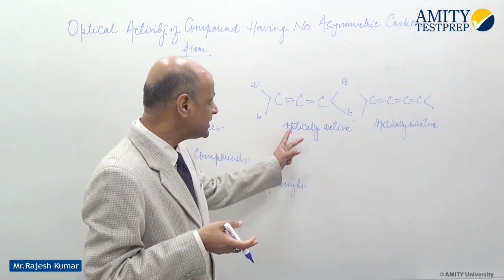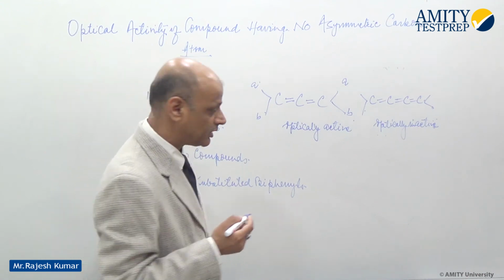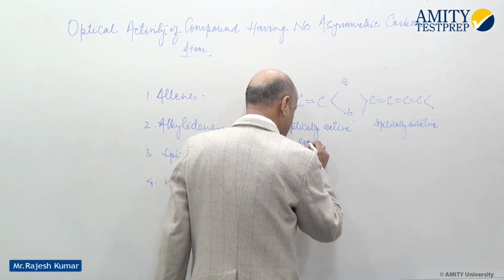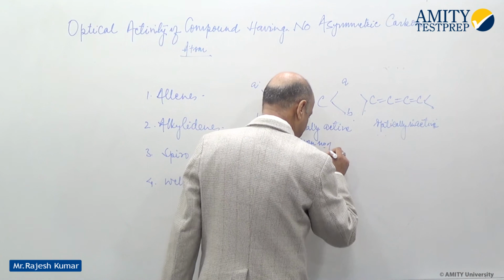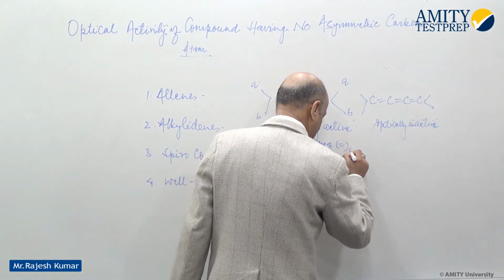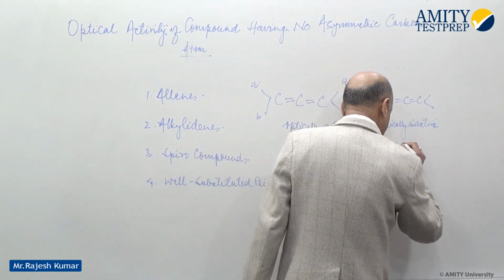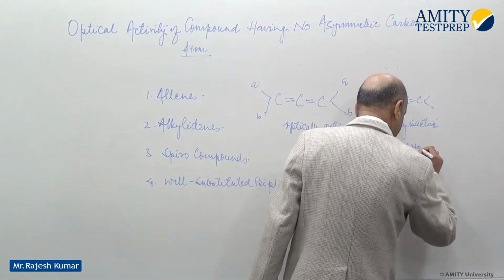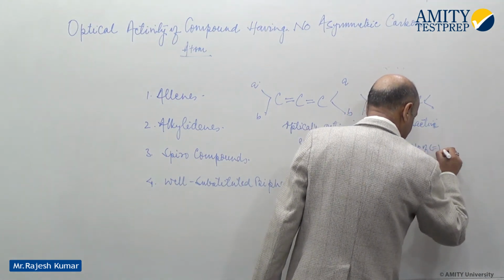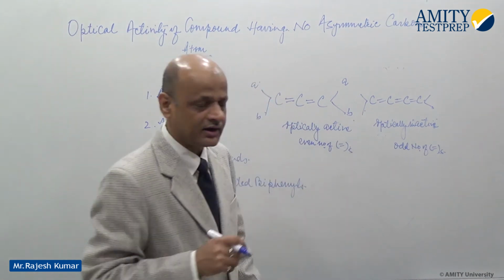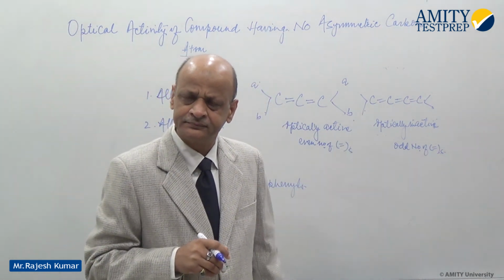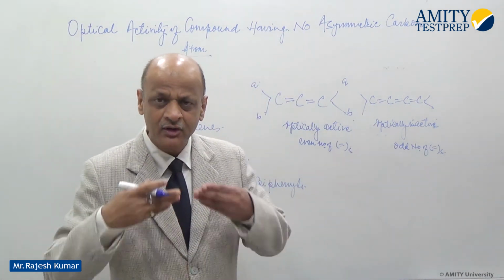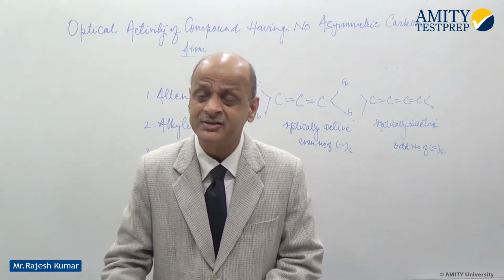So those alkenes which have an even number of double bonds are optically active, and those which have an odd number of double bonds are optically inactive, because the whole molecule itself is dissymmetric in nature.